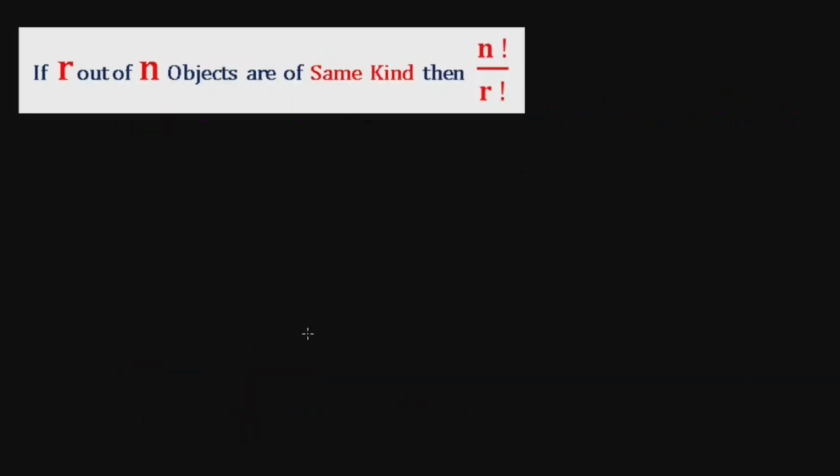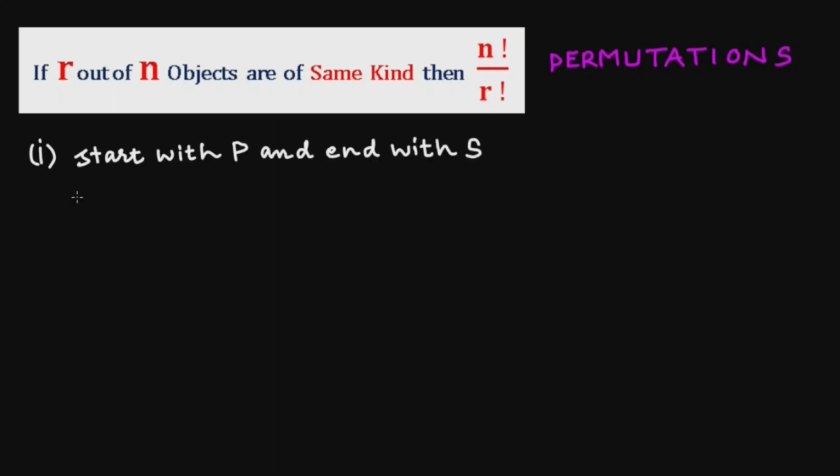In how many ways can the letters of the word PERMUTATIONS be arranged if number 1, the words start with P and end with S? We have the total number of letters in the word PERMUTATIONS, n is 12. Since the words start with P and end with S, the letters to be arranged, say n1, equals 12 minus 2, 10.